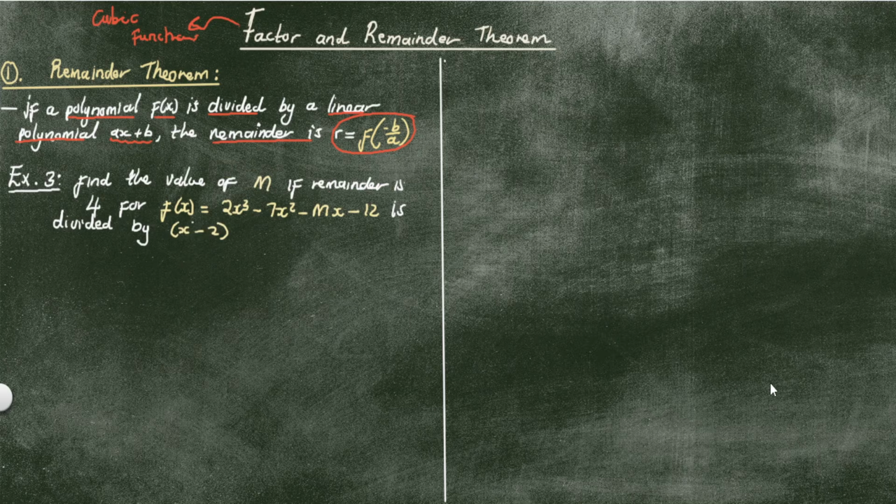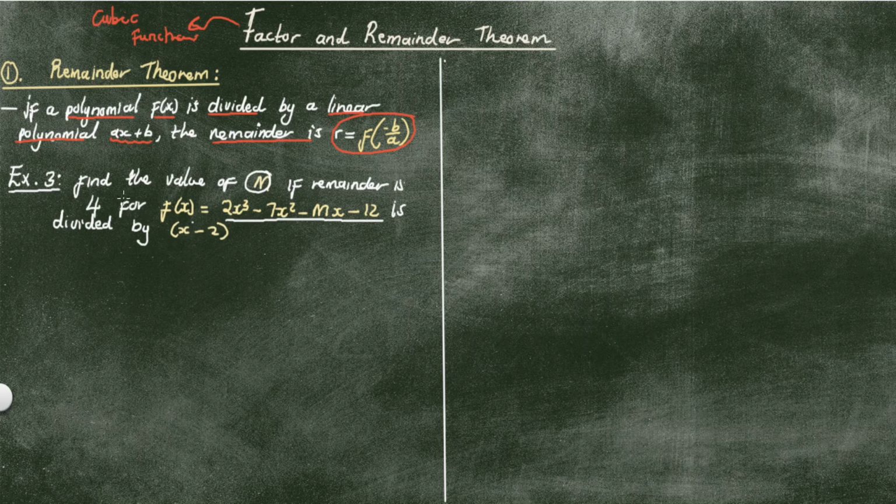Last one. Now here it's just a twist on the theorem in question, the remainder theorem. In this case, they want us to find the value for m. The m is one of the coefficients of the polynomial f of x.